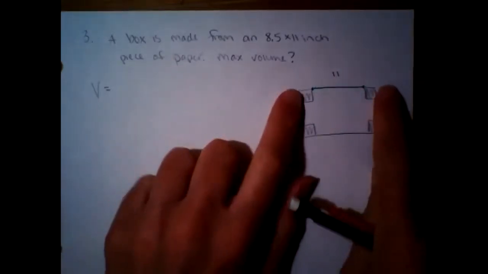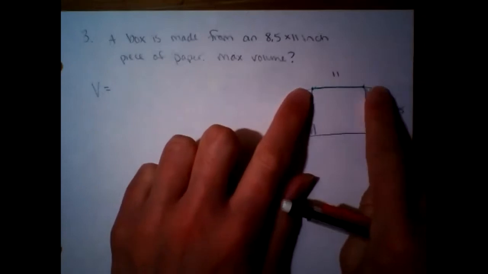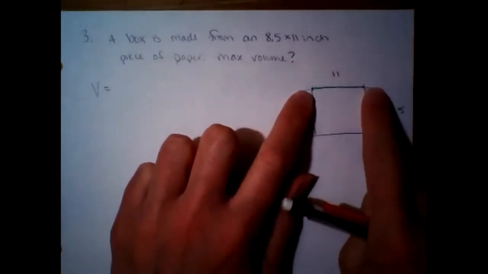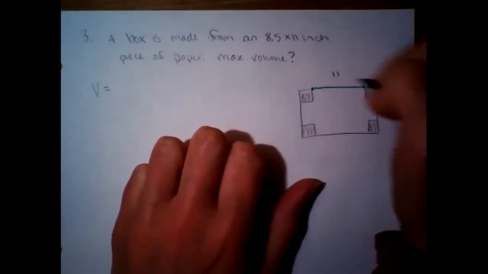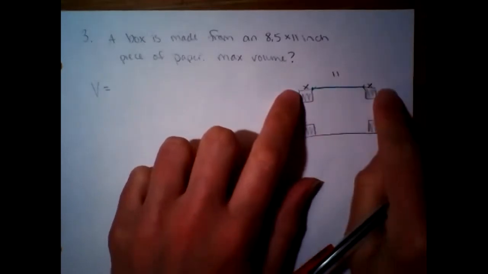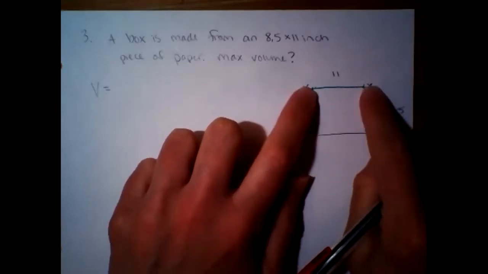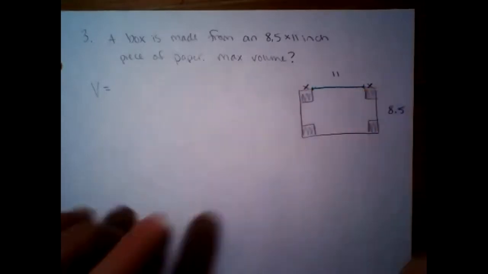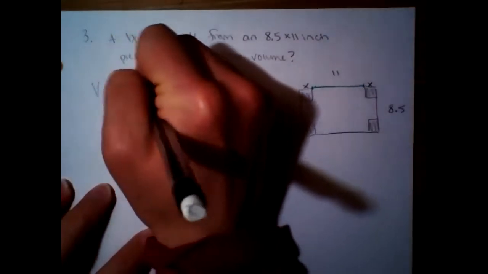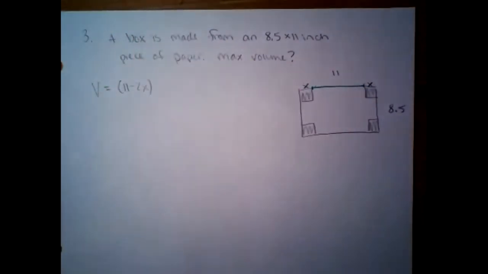So it was 11, but I cut a corner out of each side. And so I'm going to call that distance x. That's what we don't know, how much do we want to cut out. So the length of the box would be 11 minus 2x. You've subtracted 2x on each side, one for each side of the piece of paper.